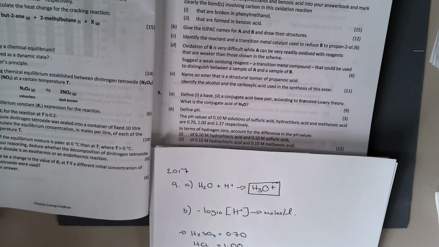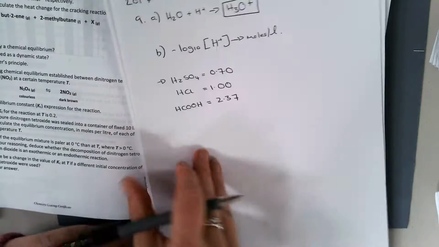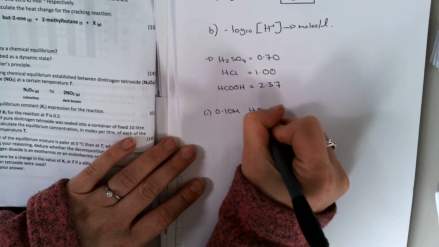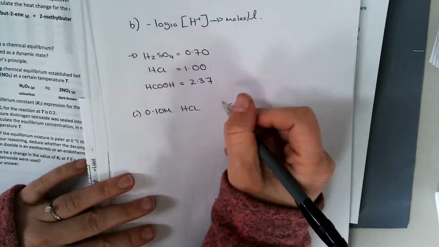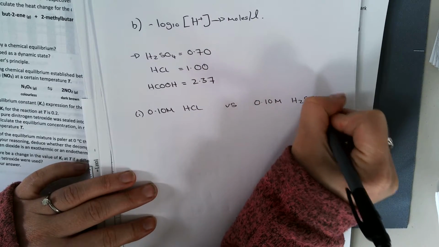And you are asked here then, in terms of hydrogen ions, to account for the difference in the pH values. Firstly, I'm asked between 0.10 molar of HCl versus 0.10 molar H2SO4.